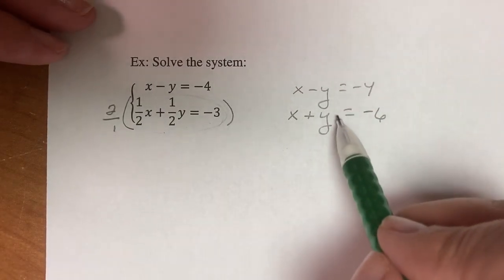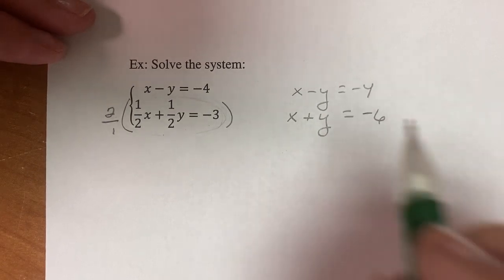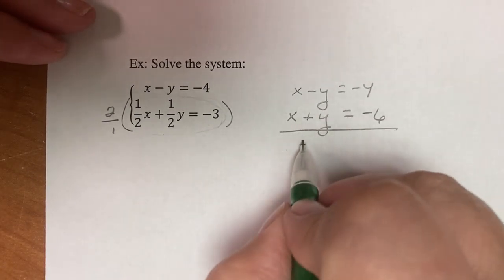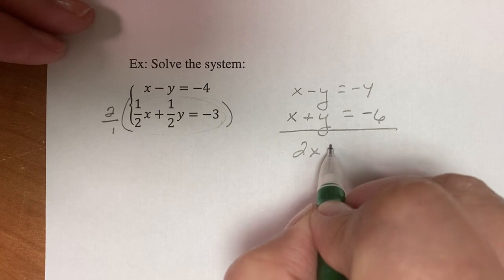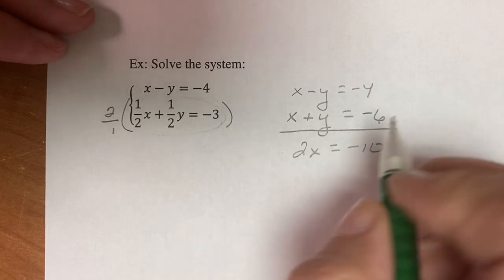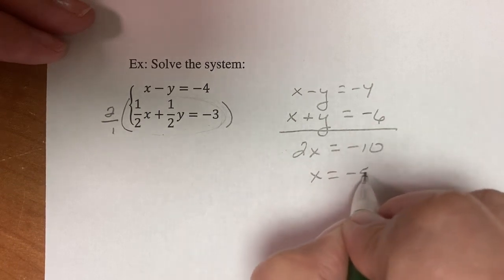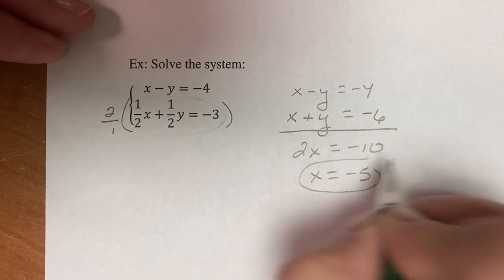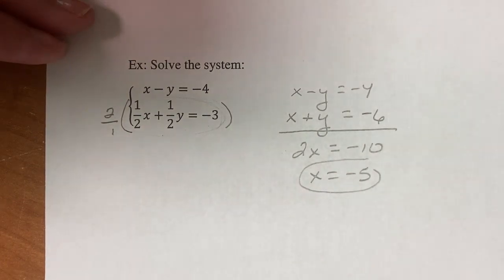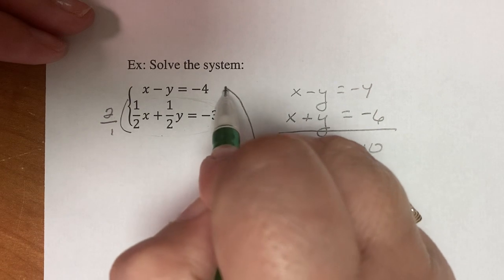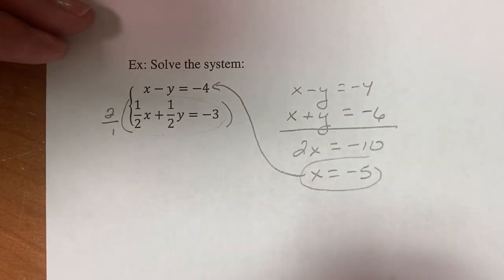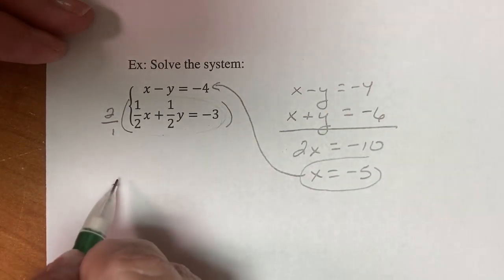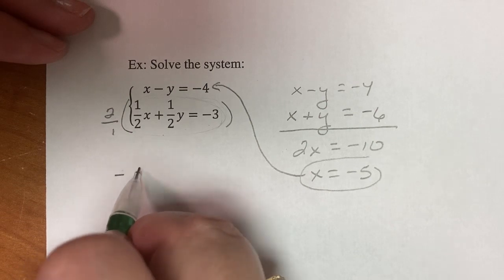Do you see if I were to add them right now, the y's are going to drop out? So I'm going to go ahead and do that. x plus x is 2x is equal to -10. So my x is going to be -5. I'm going to plug that back into this one because I don't want to deal with the fractions. And I'm going to plug in -5 for x.